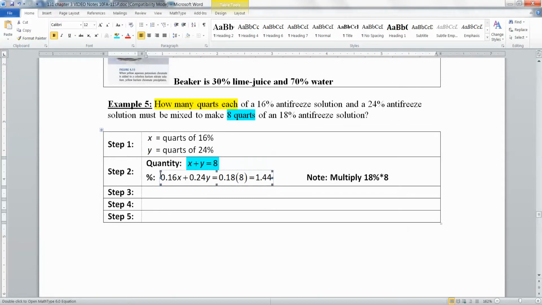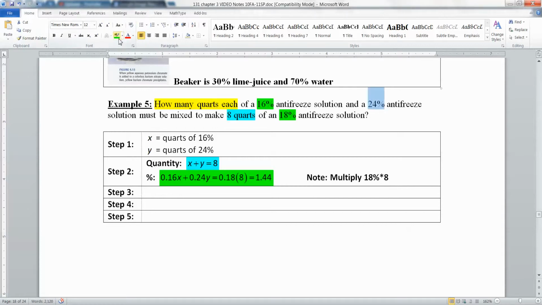And this part came from the 16, the 18, the 24, and honestly, the 8 as well. That's involved in this.